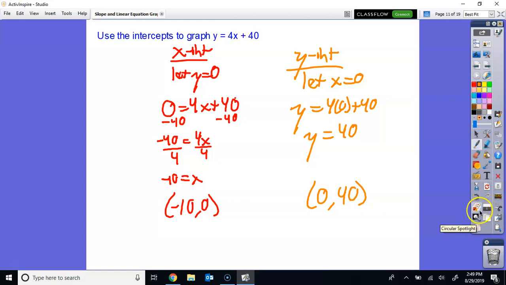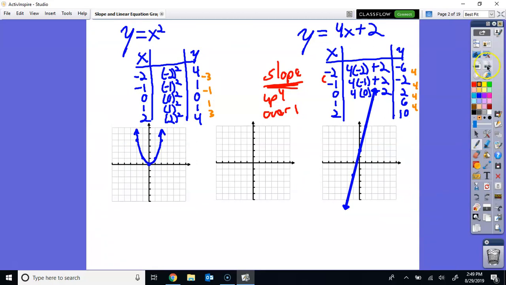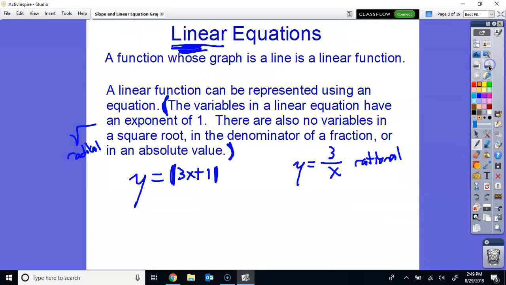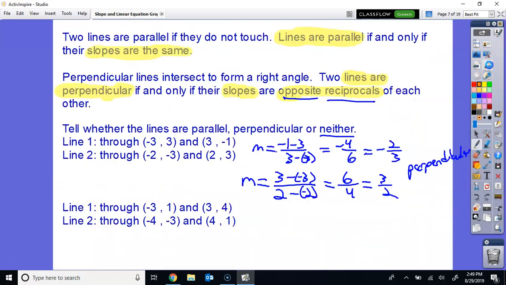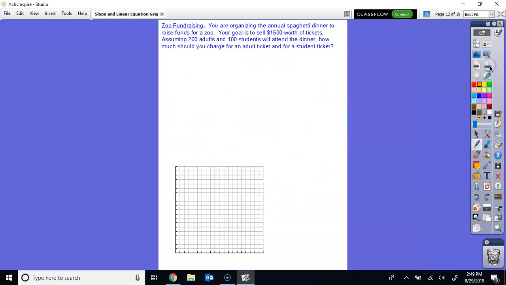So to tie this into the last thing that we're going to talk about, why in the world is this (0, 40)? Why is this the y-intercept? Because if you remember back to Algebra 1, this y equals 4x plus 40, like that one you talked about earlier, the 4x plus 2, is in what we call slope-intercept form, or y equals mx plus b.